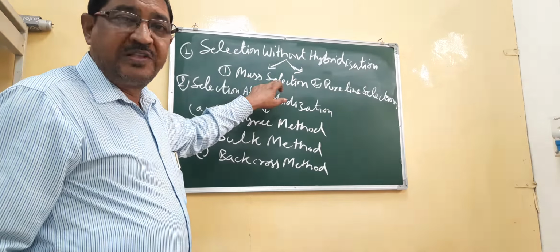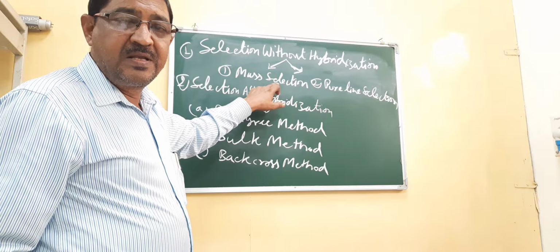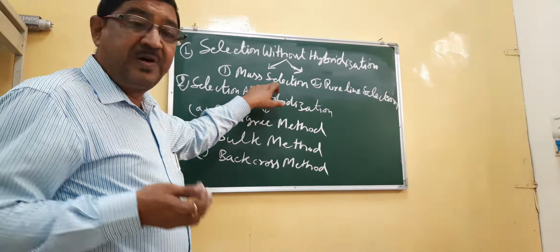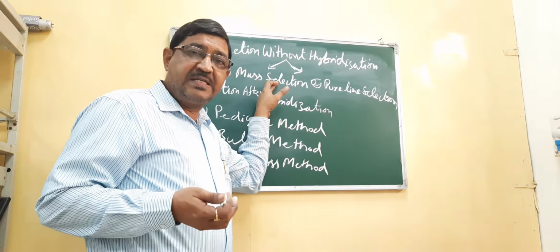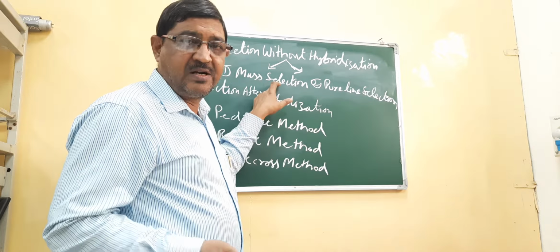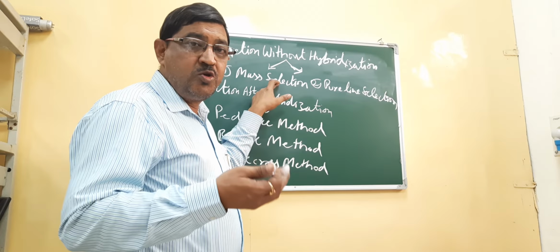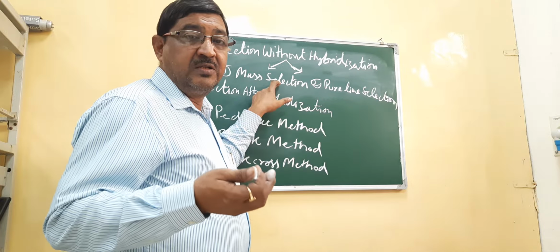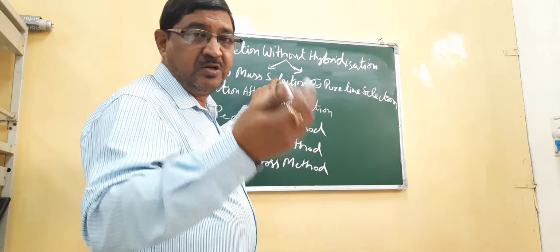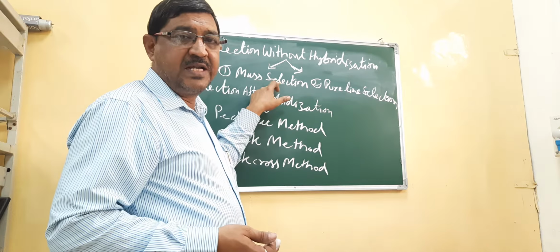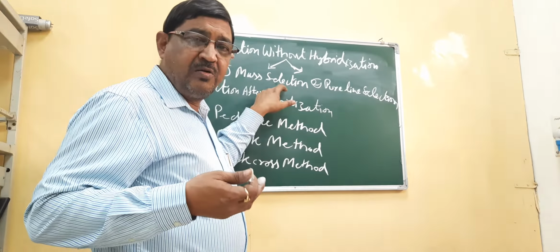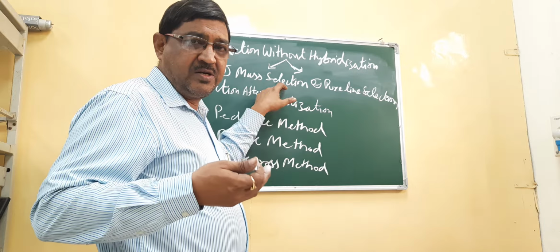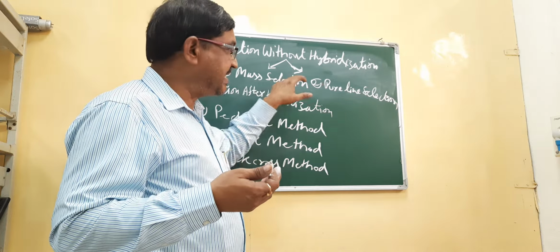What you are going to do with the mass selection means whatever variability is present in your natural variety or old varieties or local varieties, you are using that variability to develop a new variety. But we are just improving the local varieties through this method.